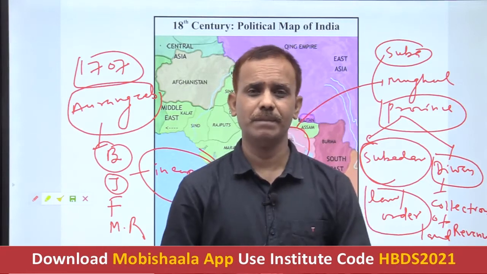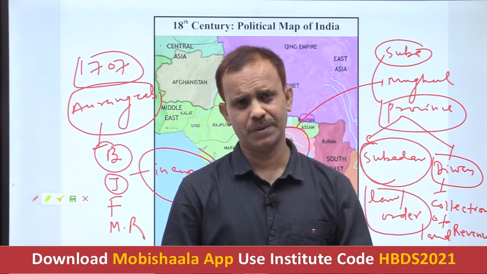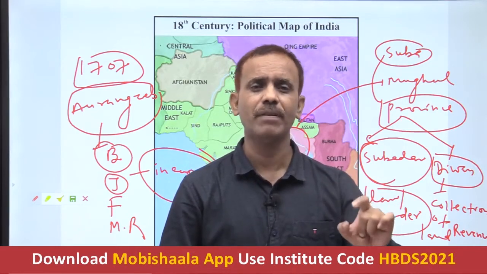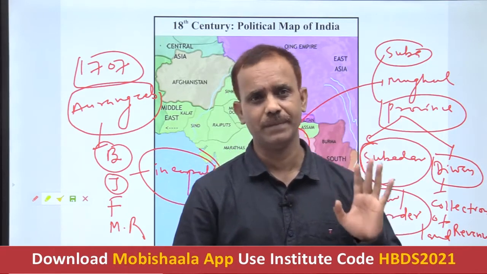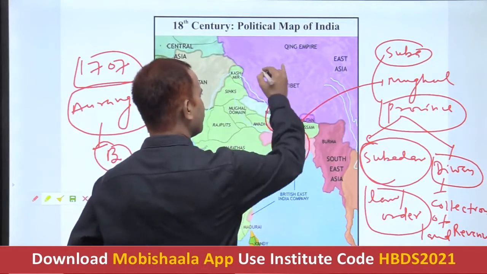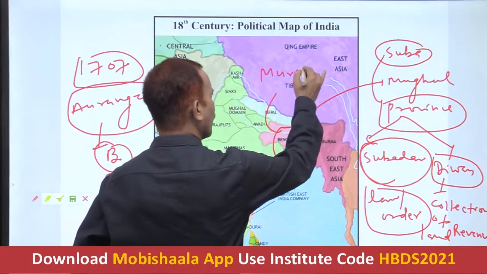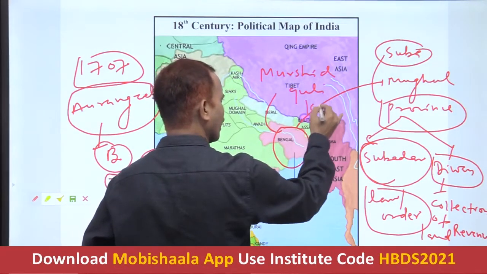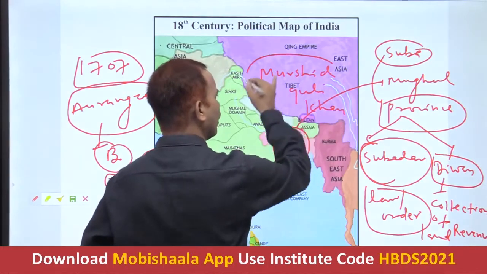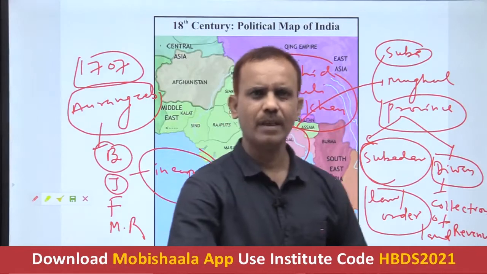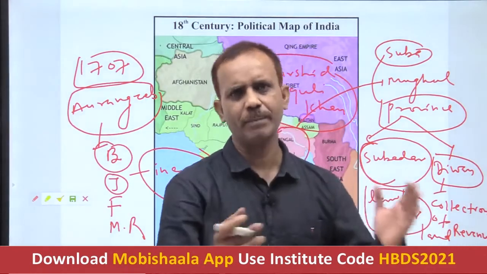And thereby, many states came to emerge on the debris of declining Mughal Empire. For example, in Bengal, Murshid Quli Khan was the founder of a semi-independent state, a kind of autonomous state in Bengal.